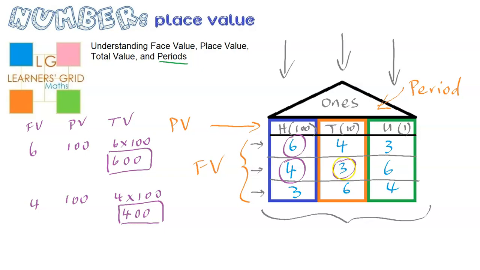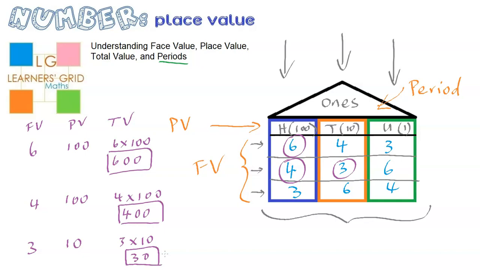And if I do this 3 here, the face value is 3. Its place value is the tens. 3 times 10, which means the total value is 30. And that's how those place values, face values, and total values work together.